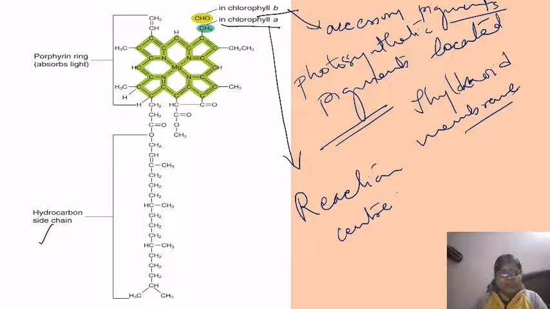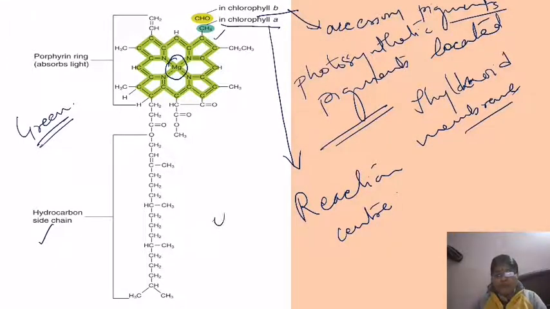So this is your porphyrin ring, and one major element which this pigment has is magnesium, which is imparting the green color to it. Okay, so now I hope it's clear that chlorophyll A has a methyl group.